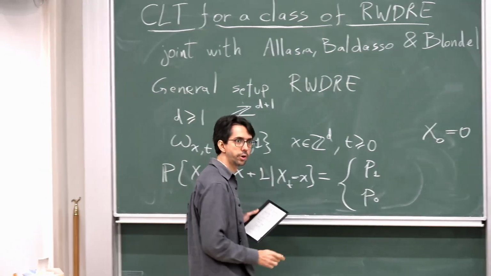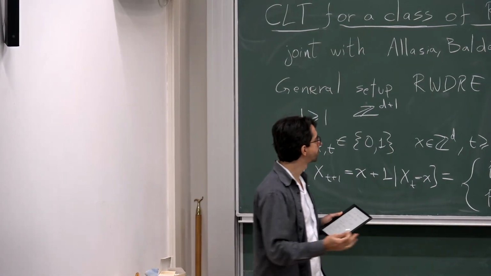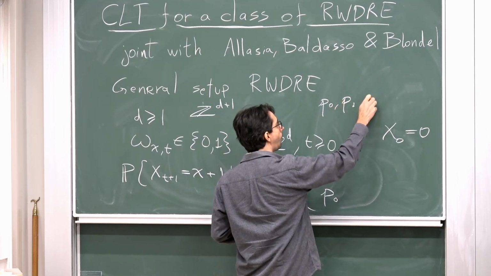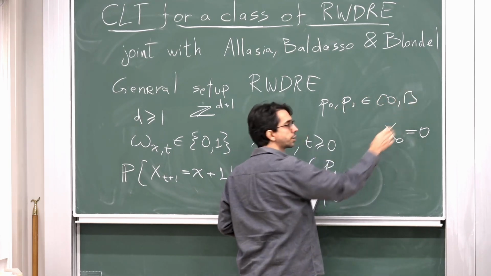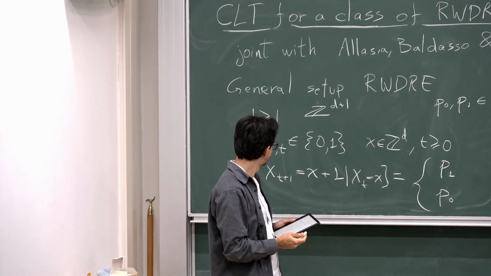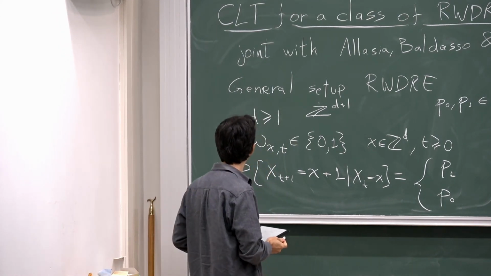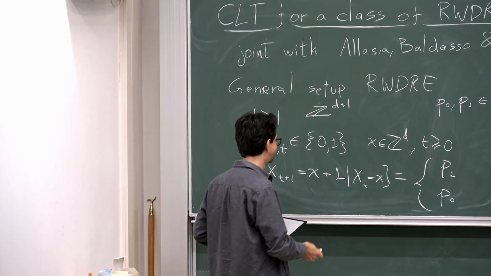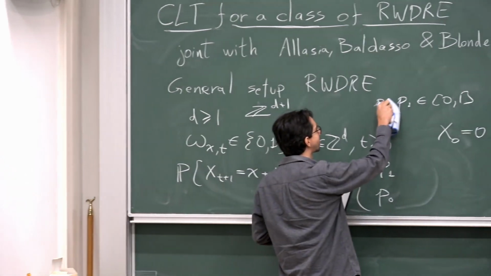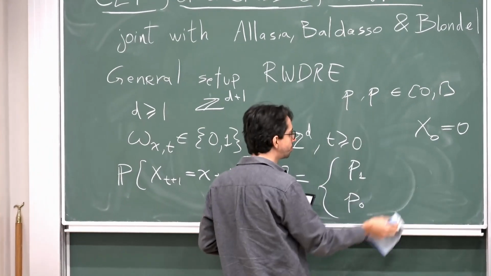So, very similarly to Daniel's talk, I'm going to fix two parameters, P0 and P1, that are going to determine these laws. I started the talk with, let's put these laws. I changed the last time to any dimension. Yeah, let's fix two laws.